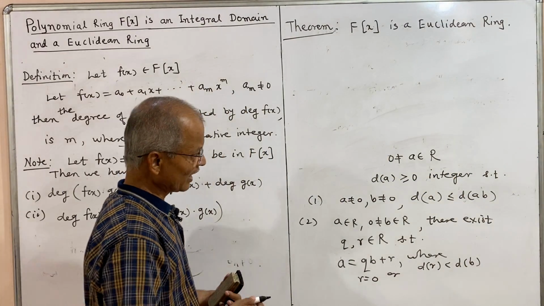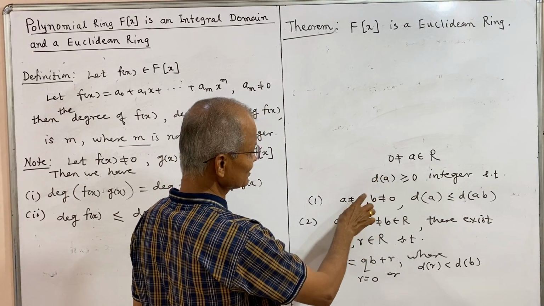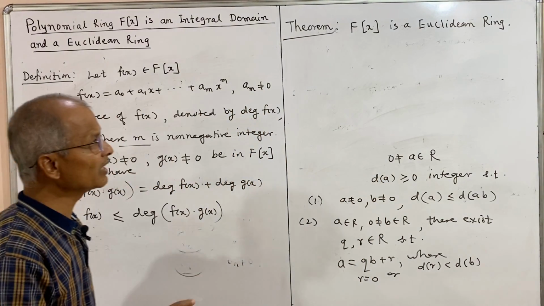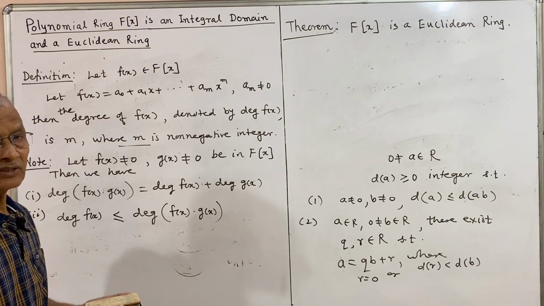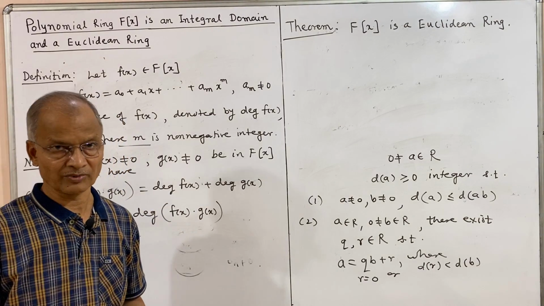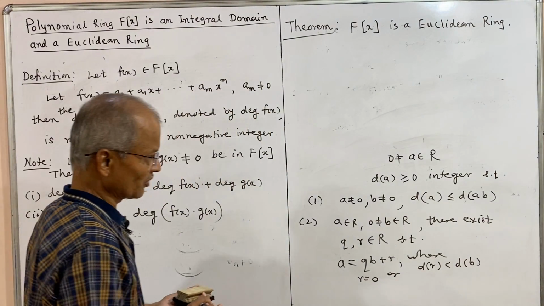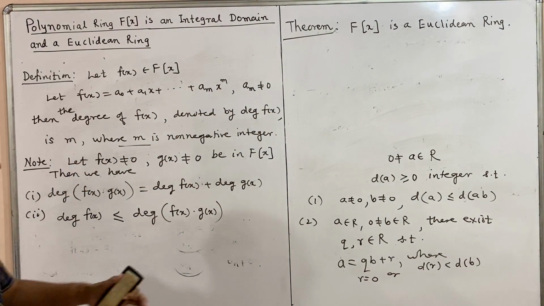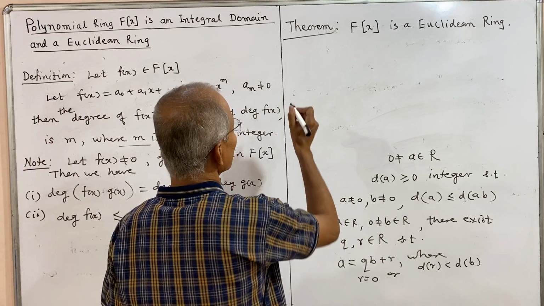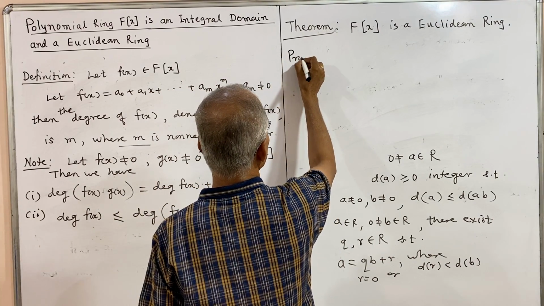we will have as corresponding changes is, instead of a and b we have to take two elements in F[x], and the elements in F[x] are polynomials, and we shall take the two polynomials as f(x) and g(x), and we shall verify these two properties. So, we prove the theorem.